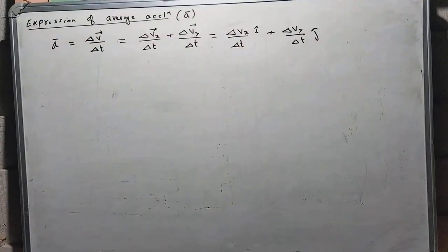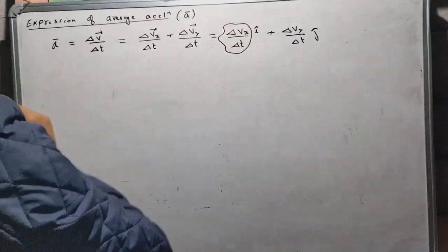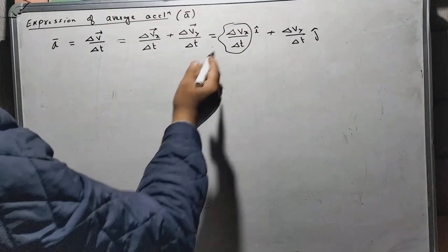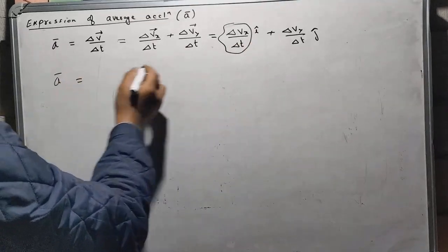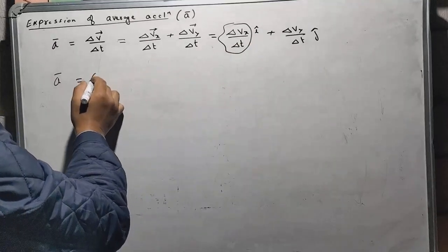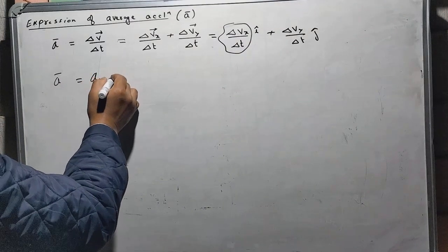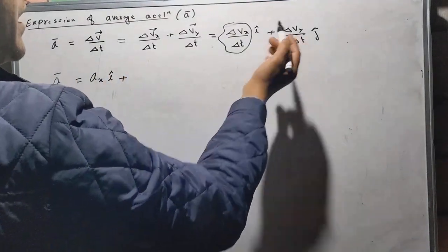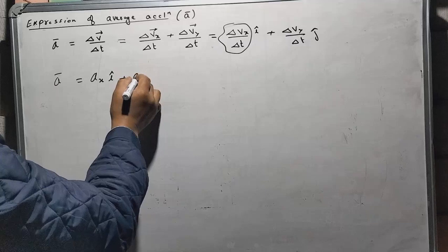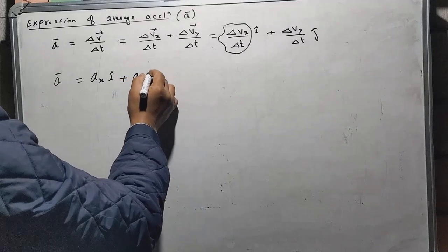Okay, now what is this delta V upon delta T? Delta Vx upon delta T means Ax, which is the acceleration along x-axis, times i cap, plus delta Vy upon delta T is equal to Ay, which is the acceleration along y-axis.